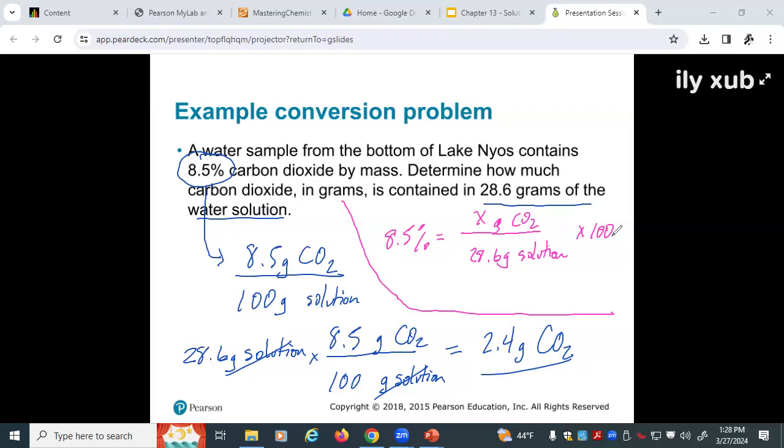The reason I wouldn't go this particular direction is because there are too many moving parts. To solve the algebra, I need to divide by 100 and multiply by 28.6 to get X by itself.